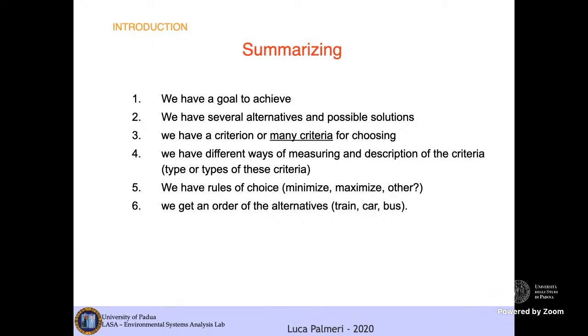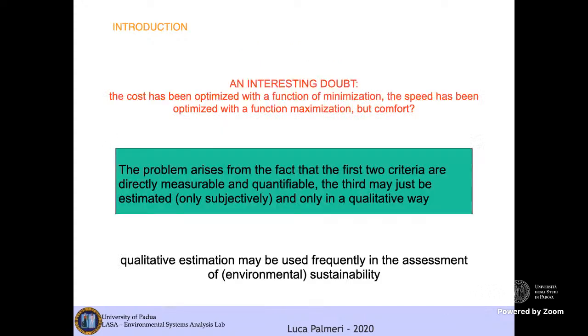So the final result of my decision problem is getting a ranking of the different possible alternatives or solutions to my problem. This is in general the output of a multi-criteria analysis: producing a ranking of alternatives.